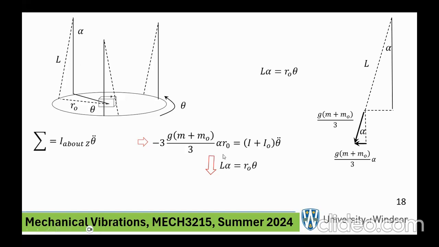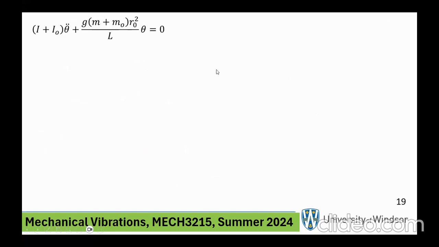But we know how to get rid of alpha right from this equation. You know how to get rid of alpha. So alpha is gone in favor of theta. And here is the mother of all equations for that pendulum, written in detail here.